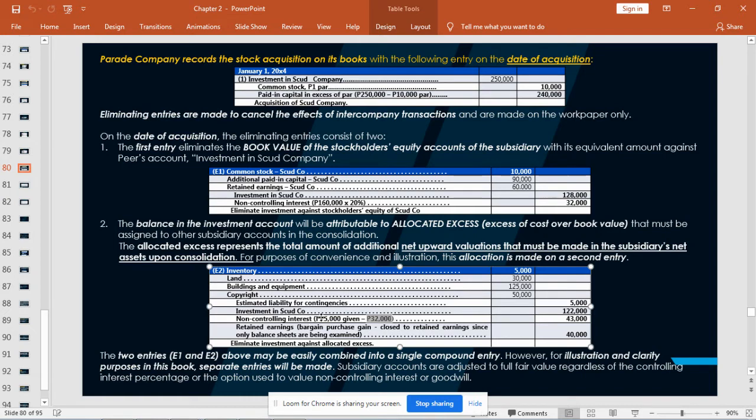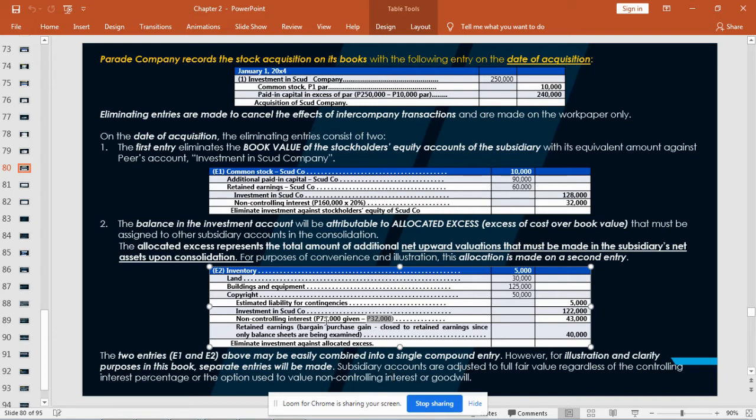Nagagets. Yan. So, yung 75,000, that is the fair value. Okay? Then, yung 32,000, that is the book value ng ating non-controlling interest. Right?